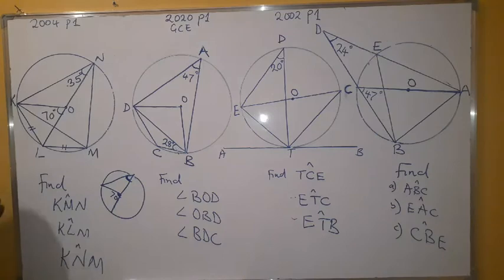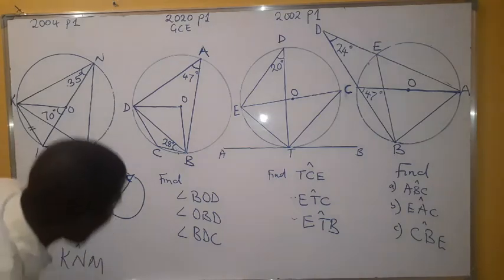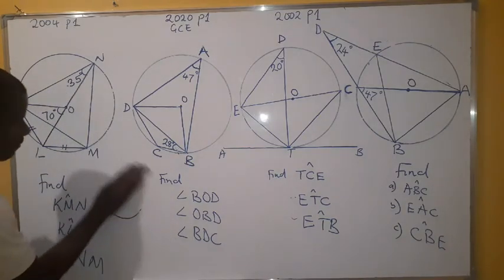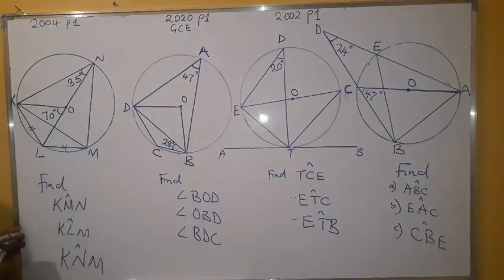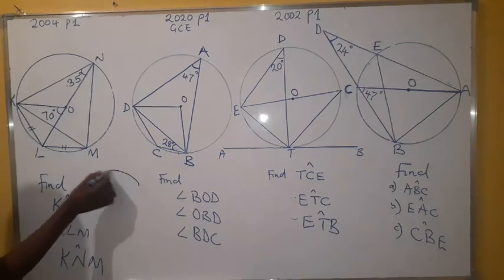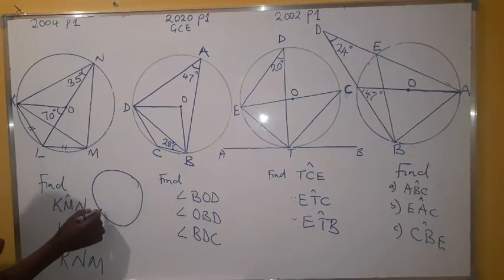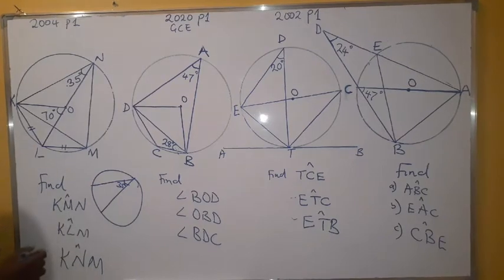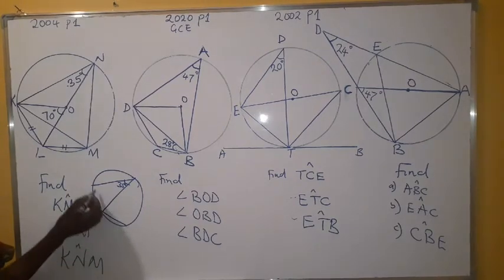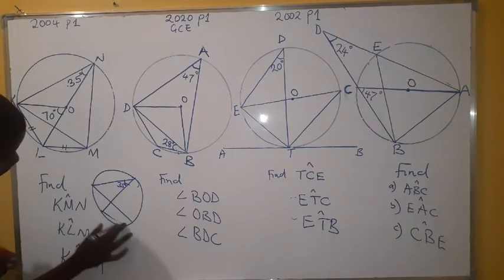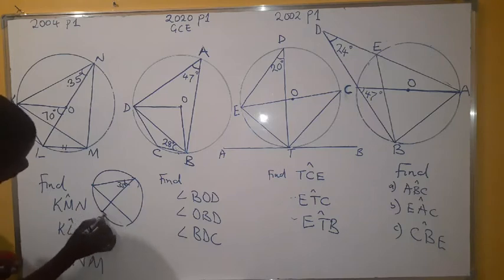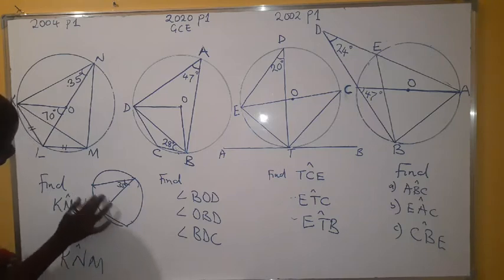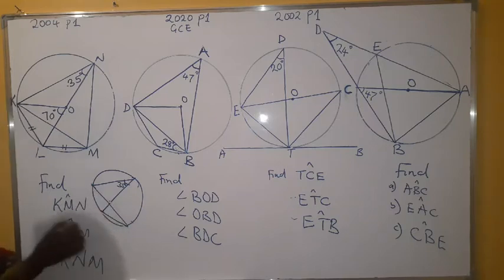Very good. Are we there, that this is 35? And I want to take you back to some theorem also. So if I say this is 35 here, what is this angle here going to be? This angle here, what is it going to be?